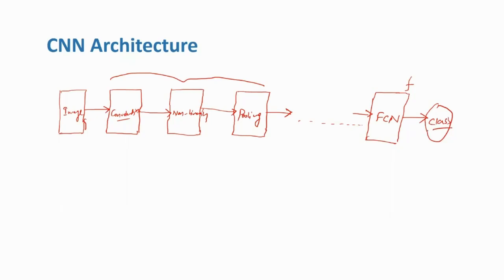This is the typical architecture of a CNN, where the triplet, convolution, nonlinearity, and pooling, is repeated based on how deep the network is. The more and more triplets you add, the more depth and the more complexity there will be in the network.